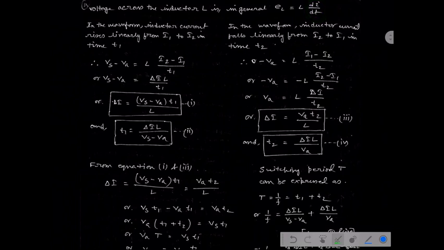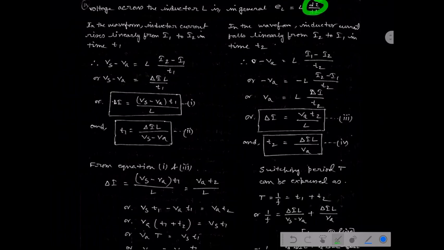The same thing happens in the waveform. The inductor current rises linearly from I1 to I2 in the time t1. Then we can write the expression for the potential difference across the inductor, that is Vs minus Va, which should be equal to L di by dt, the change of current with respect to time.